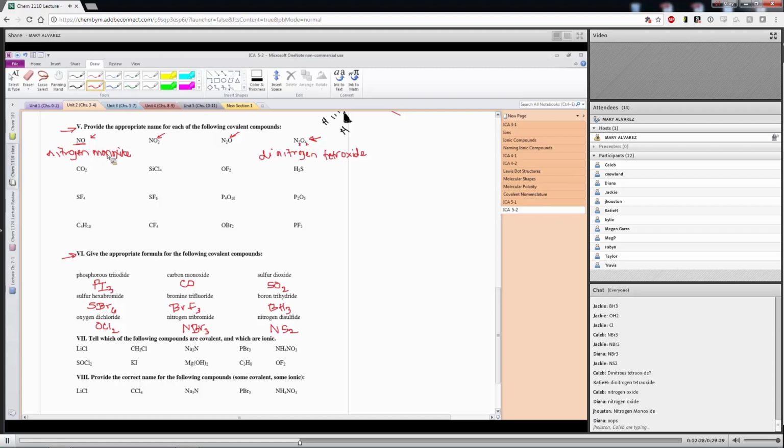Okay, what about this next guy? You guys weren't entirely wrong, you just weren't completely right. Don't know if that makes you feel better. Nitrogen dioxide, excellent. What about this third one?